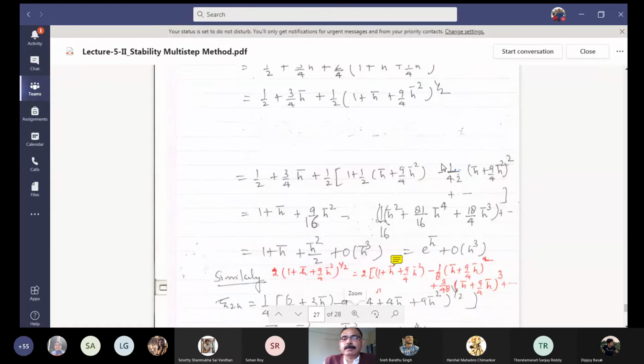Yes, sir. Check whether it is coming like this. Check the next term which is written here: n into n minus 1, n is your 1 by 2, n minus 1 is half minus 1, that is your minus half. So that becomes minus 1 by 4.